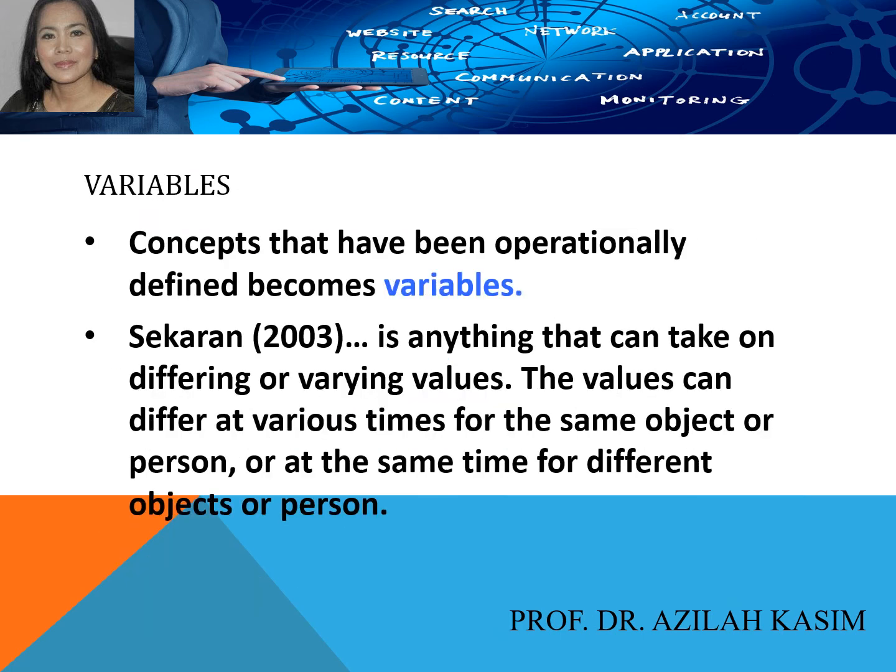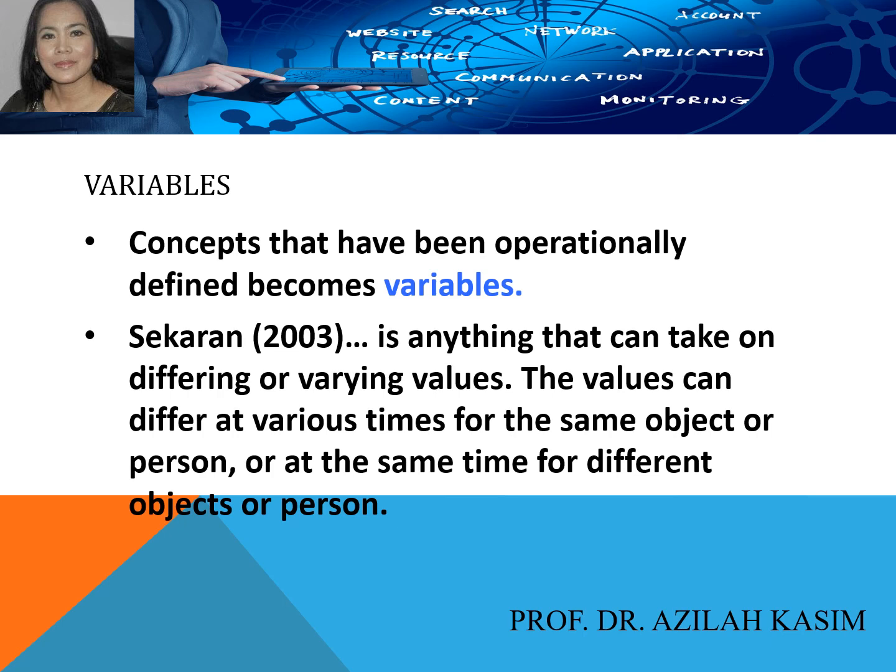Okay, and then variables are everything that we will be using in our hypothesis as well as in our analysis. Concepts that have been operationally defined become variables. The concepts that we want to measure will become our variables.